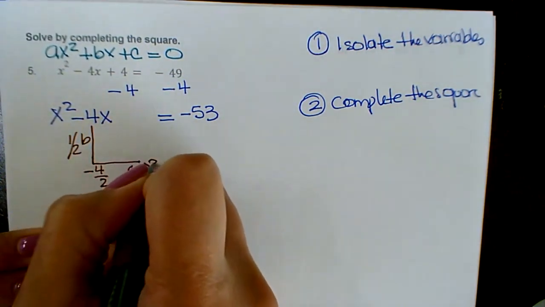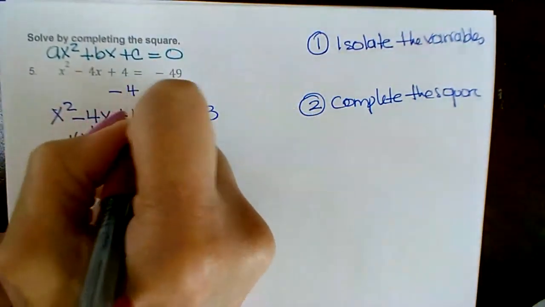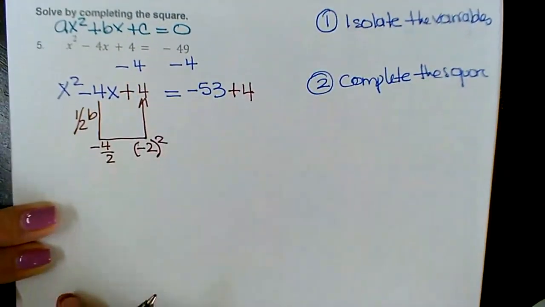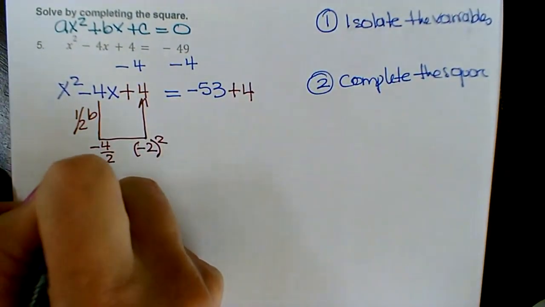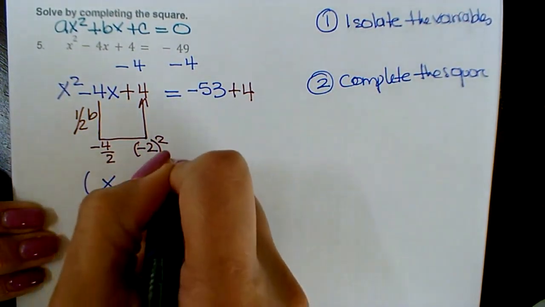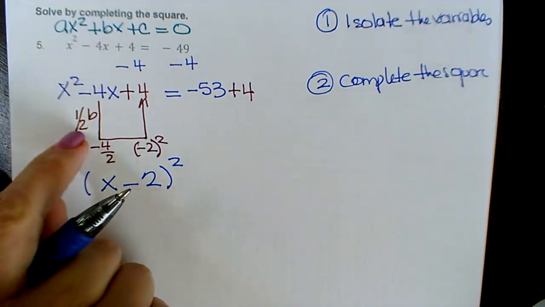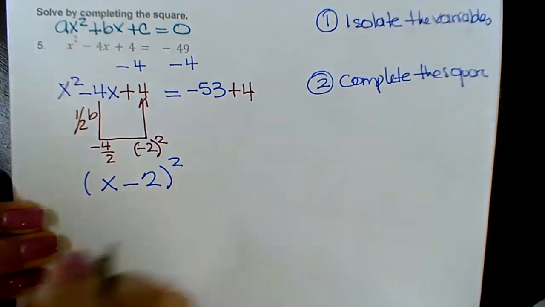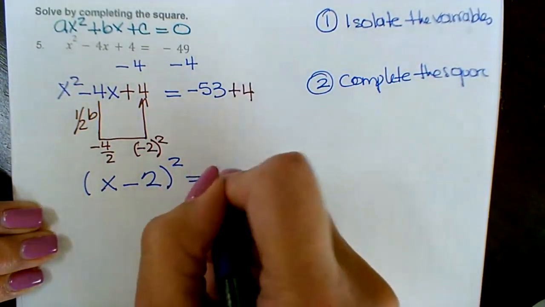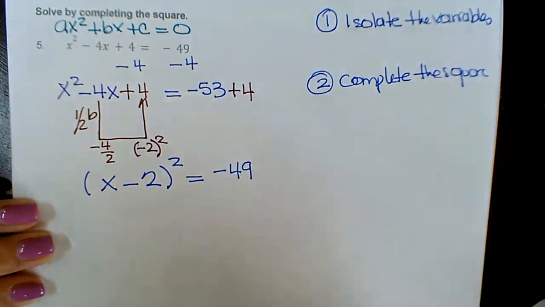The square, that's going to be plus 4 and plus 4. So what I get here is x minus 2 squared. Remember, this is going to be plus or minus 1/2 of b. Negative 53 plus 4, that's going to be negative 49.